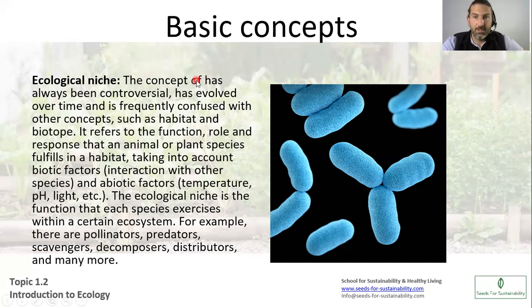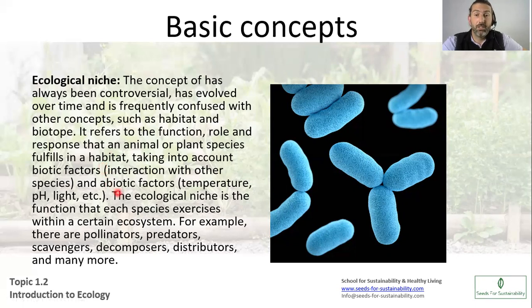The concept of an ecological niche has evolved over time, and is always controversial. It's frequently confused with other concepts such as habitat and biotope. It refers to the function, role, and response that an animal or plant species fulfills in a habitat, taking into account biotic factors and abiotic factors.